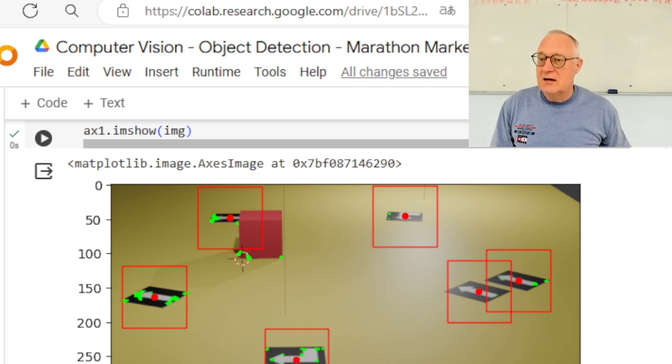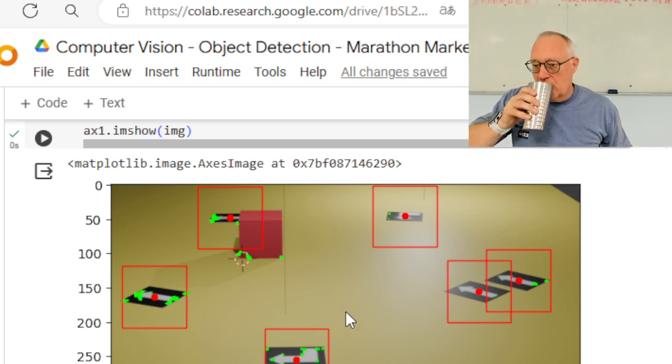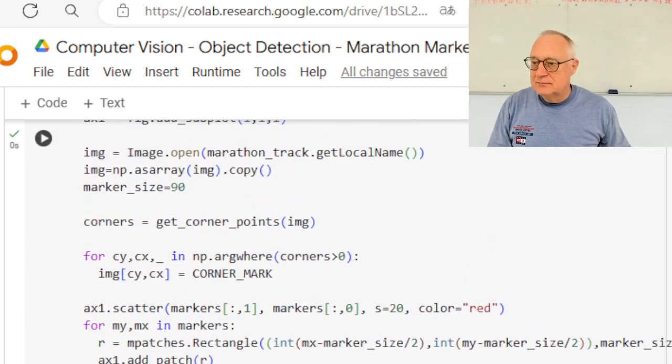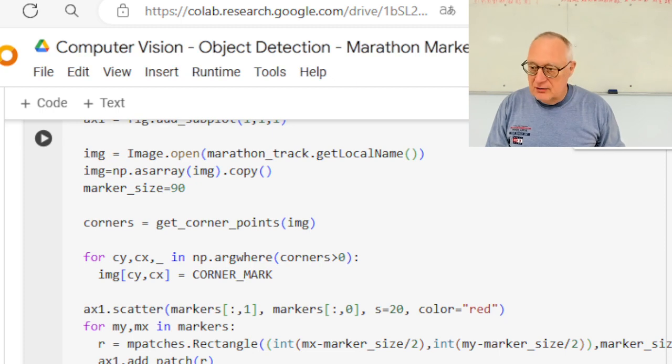If it can do that, then as it walks closer, eventually it's going to get a better look at it. So let's turn that into a slide.